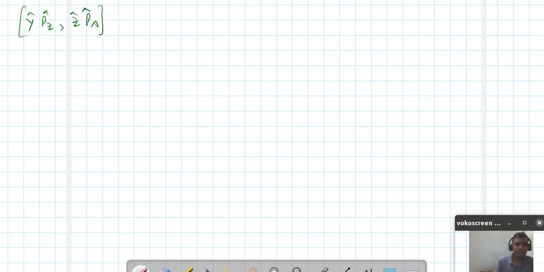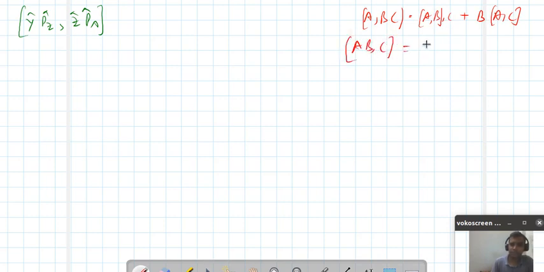Here I will use a relationship that if a, b, c are operators, then I can write the commutator of a with bc as the commutator of a, b times c plus b times the commutator of a, c. Similarly, the commutator of ab with c can be written as a times the commutator of b, c plus the commutator of a, c times b. So I will use these relations here.